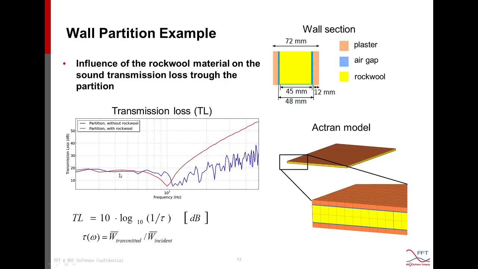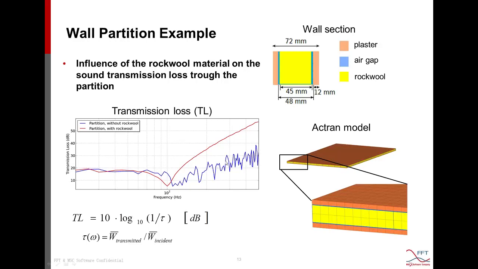So through Actran modeling, we were able to obtain this red curve, which is the sound transmission loss through this complex layer. Now, if we simply replace the rock wool by air property, so we are actually removing the rock wool material, then we get this blue curve.